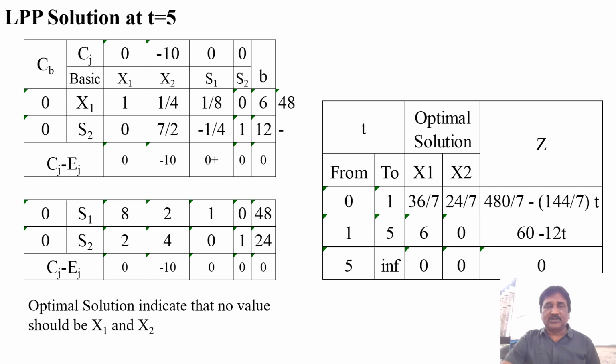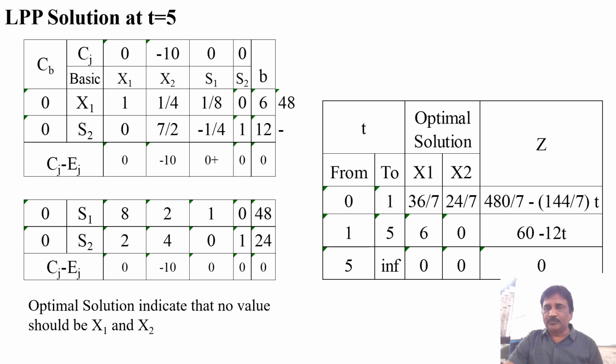The collection of the results is demonstrated here. For t from 0 to 1, my optimal solution is x1 equal to 36 by 7, x2 equal to 24 by 7, and as t varies, the z value will change according to 480 by 7 minus 144 by 7 into t.